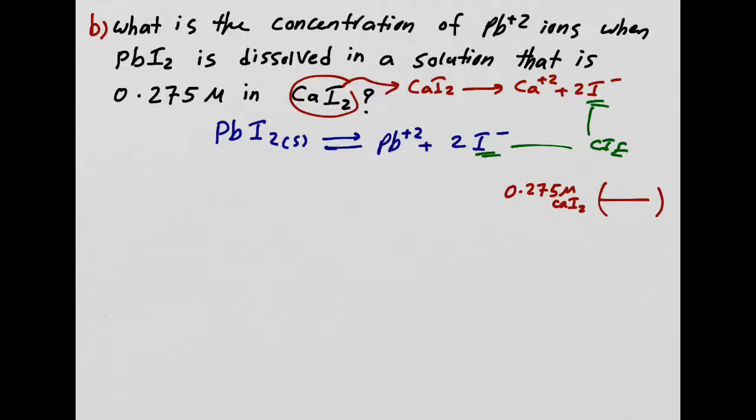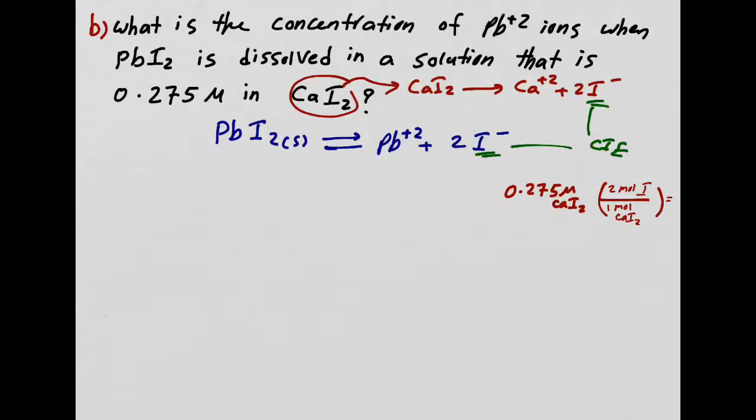So what do I have to do here? What I have to do here is a mole ratio, right? For 1 mole of calcium iodide, I have 2 moles of the I. Do you guys agree? So it's a 1-to-2 ratio.